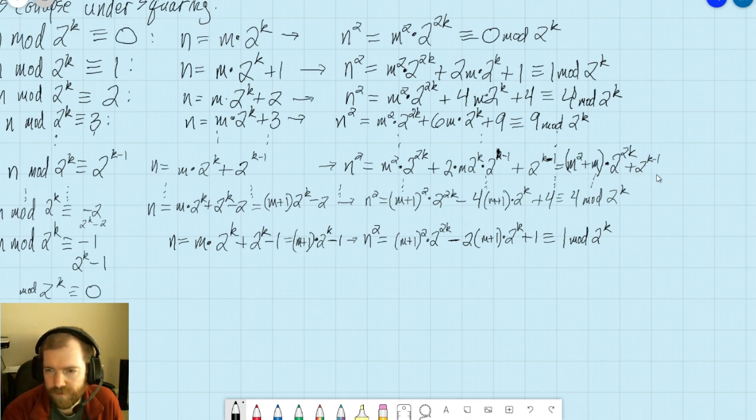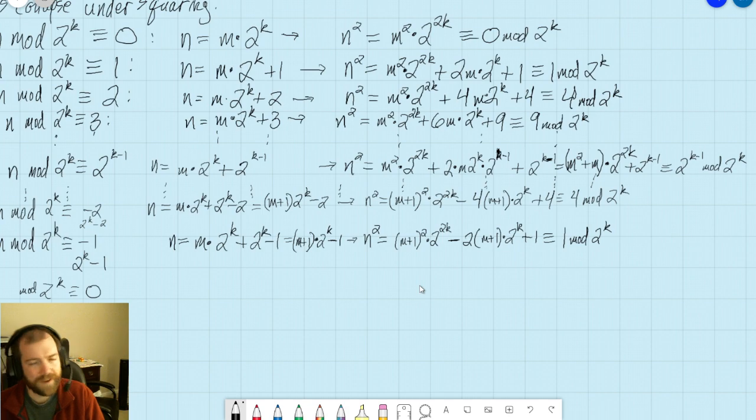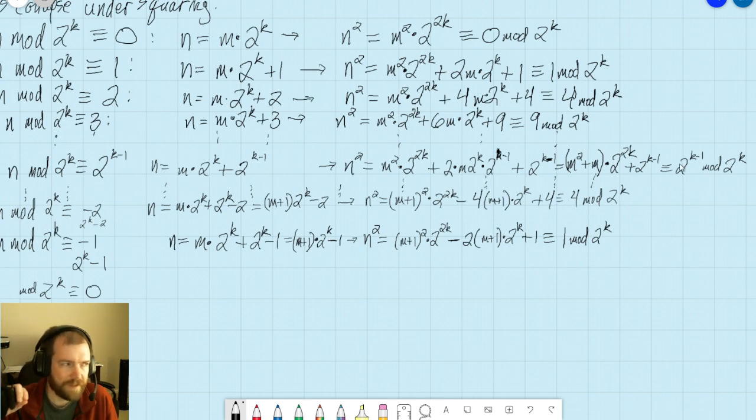That by itself is now going to be equivalent to just 2 to the k minus 1 mod 2 to the k. Okay. So the center of our list is going to hit a max value at 1/2 this value.